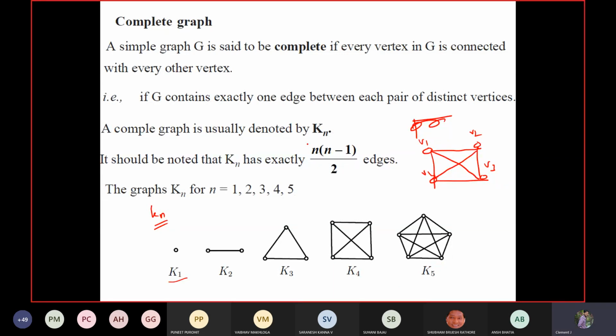Also, they have generalized how to determine the edges for the complete graph as n into n minus 1 divided by 2. It is not required to memorize, but they have determined it as the general part. To find the number of edges for K5, simply replace n with 5. So 5 into 5 minus 1 divided by 2. That will be the answer for the number of edges in K5.